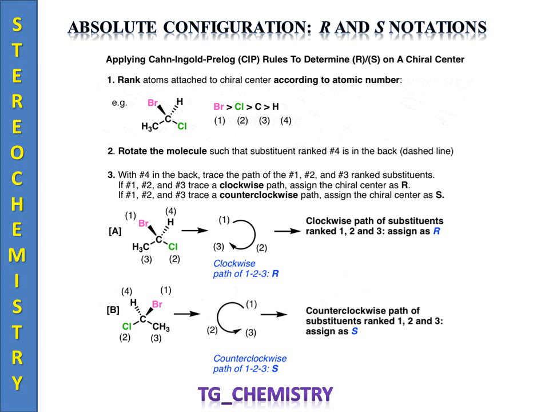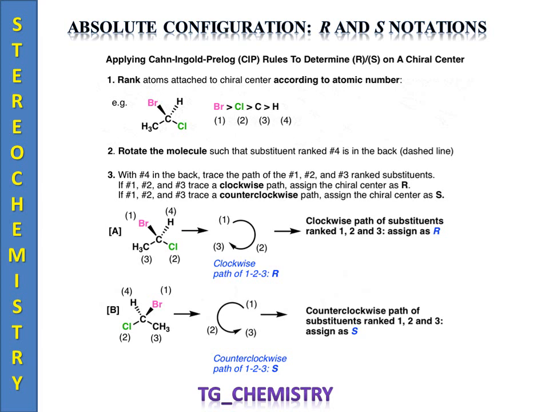So in that case we don't need to rotate the molecule any further. Here you can see for compound A, the clockwise path from 1, 2 and 3 gives the chiral center assigned as R.